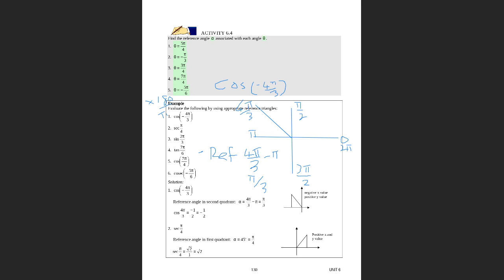So that means that negative 4 pi over 3 has the same reference angle as pi over 3. So you simply find cos pi over 3. Now cos pi over 3 is the same as cos 60, a special angle whose answer you can easily see to be half. Then you have your answer.